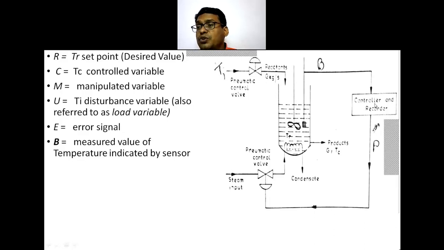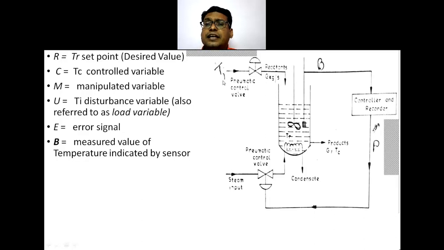The set point is also provided to the controller comparator, the controller takes an action and it goes to the steam input. That means controlling the steam input, and accordingly the control valve adjusts its position and the amount of steam going into the system is regulated.